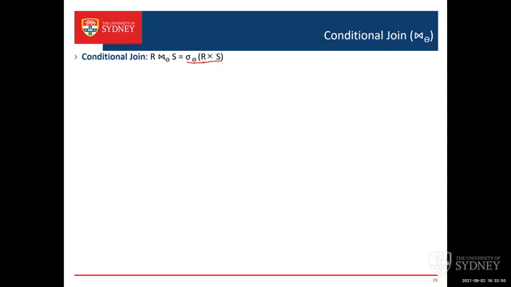This operator is known as join, not cross, and then there is a condition. So this one is known as conditional join. Cross is known as cross product or Cartesian product, and this one is known as join. There are some differences, and we'll talk about that. But here it simply means that on top of this cross, we'll have some conditions as well. Let's have a look.